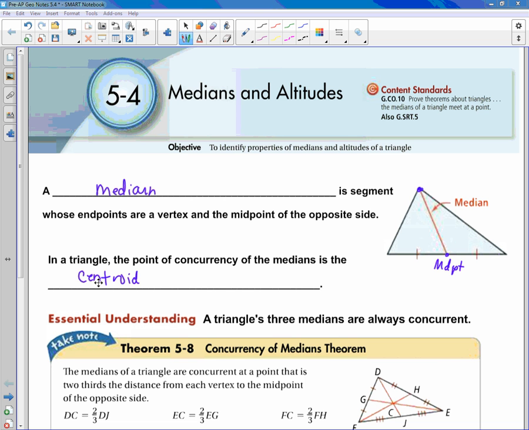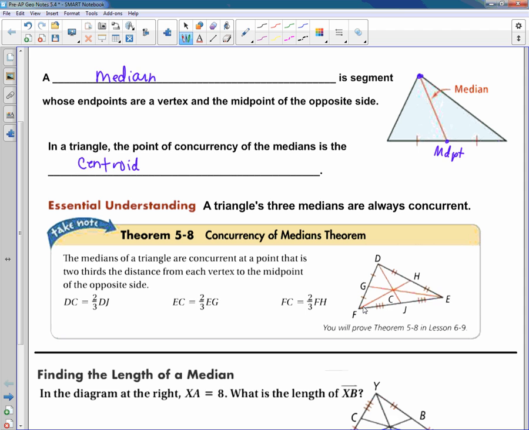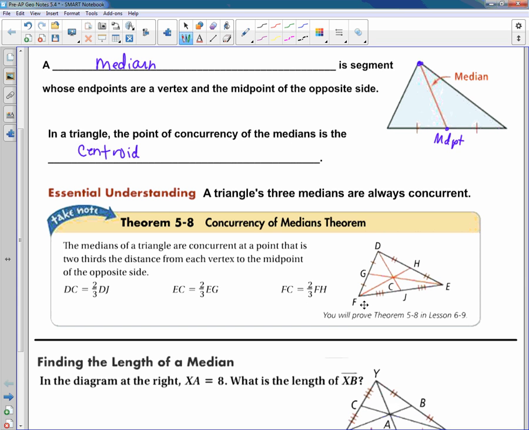Okay? And when the three medians meet, they meet in such a way that they form a 1 to 2/3 ratio. So if you look at this median here, the part from the vertex to the centroid is actually 2/3 of the entire thing, D to J. So we say DC is 2/3 of DJ.